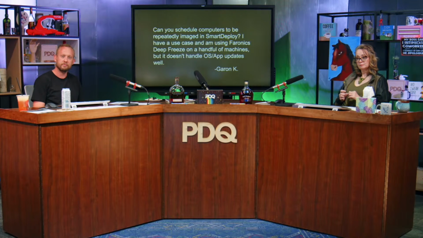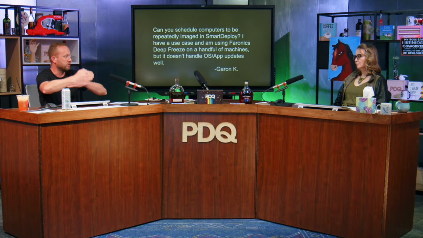There's nothing automated like every Tuesday re-image these machines. But I can select all the machines I need and image at this time on this date. I'd have to keep setting it like that. Okay, so there's not a recurring trigger. You just schedule in the future over and over. Yep. Got it. Cool. Thanks, Jeff.